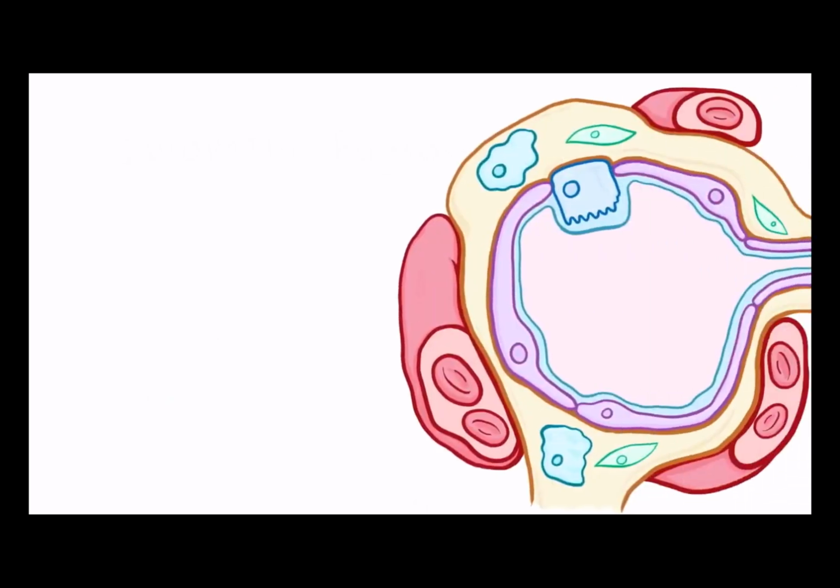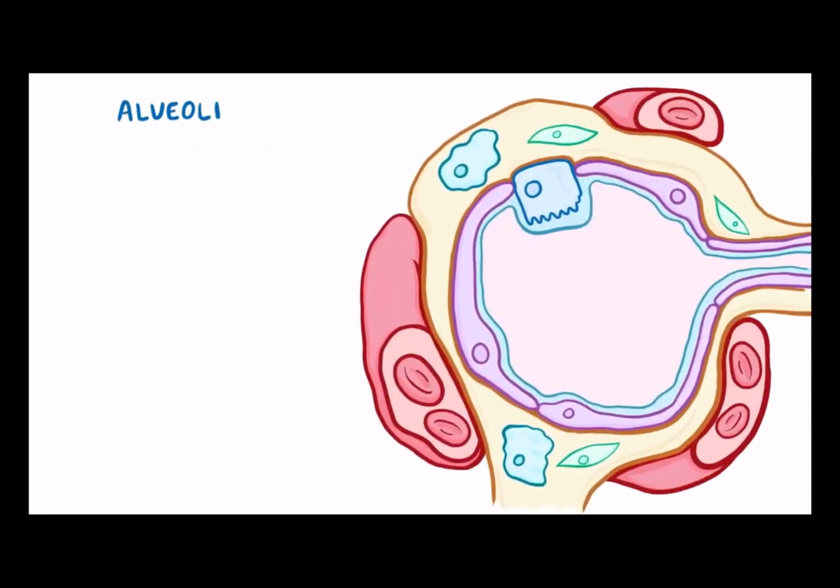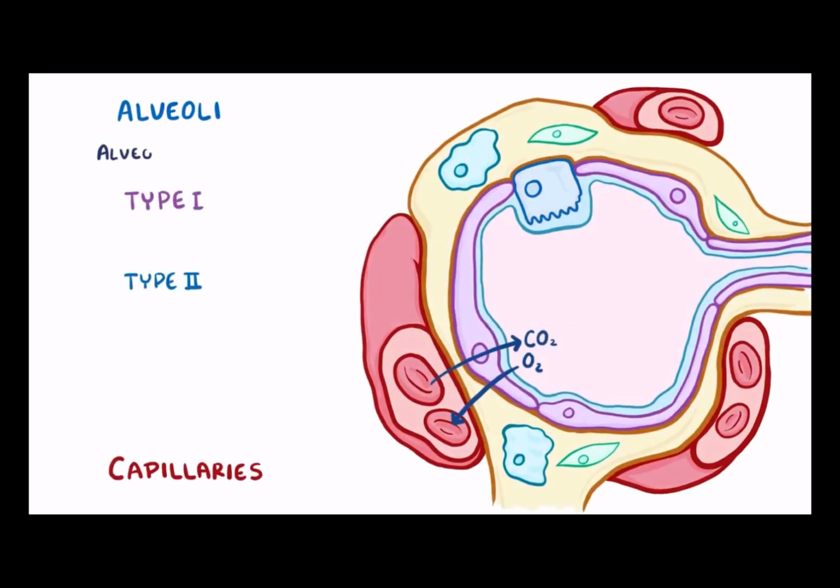Normally, gas exchange happens between the alveoli, which carry air, and capillaries, which carry blood. The alveoli are lined by type 1 and type 2 alveolar epithelial cells, also called type 1 and type 2 pneumocytes. Type 1 pneumocytes make up the majority of the cells. They're simple squamous cells that form a nearly continuous barrier between the air and underlying connective tissue.